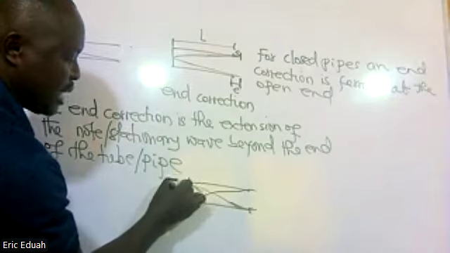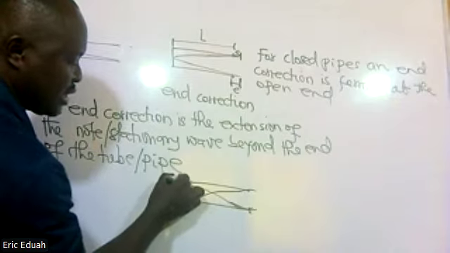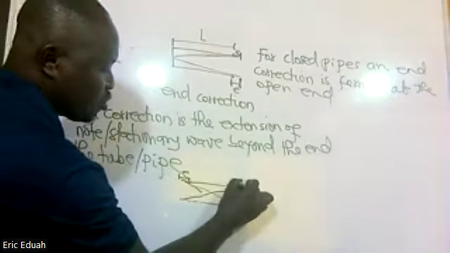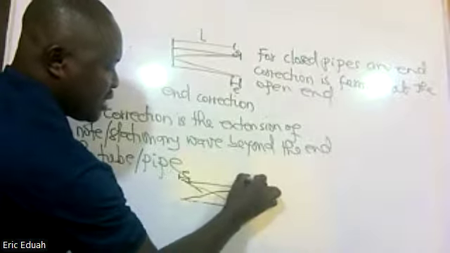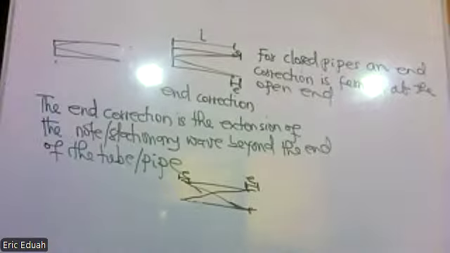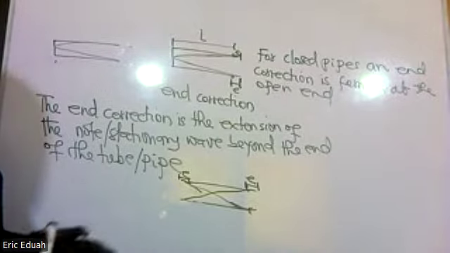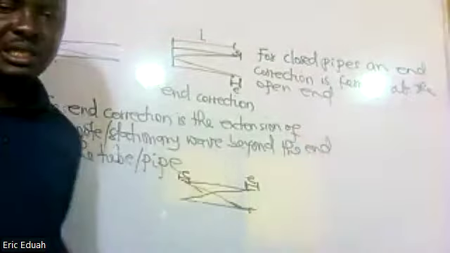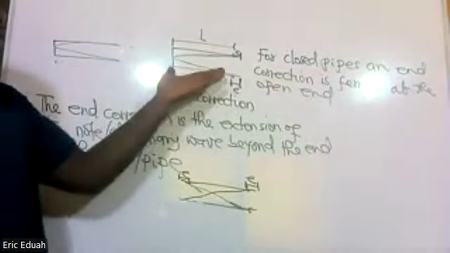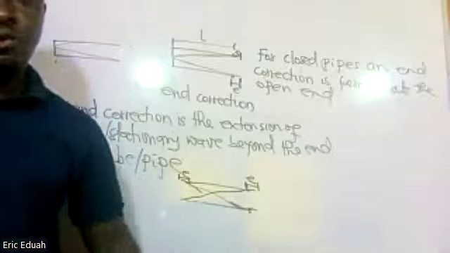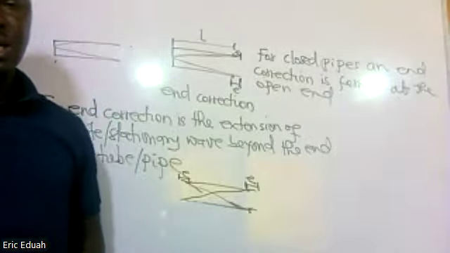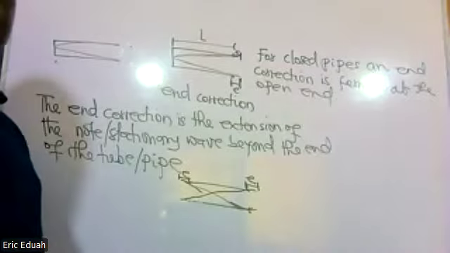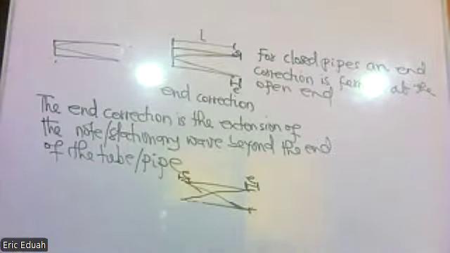There will be an end correction here and also an end correction here. So for pipes open at both ends, you have two end corrections because both ends are open. For a closed pipe, only the open end experiences an end correction.